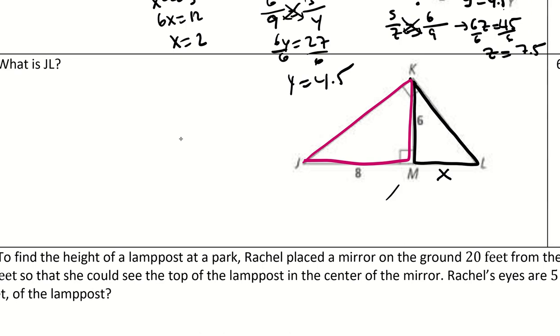hard to tell. All right, so first off, we know that this has to be a right angle because this is a right angle. And this angle here actually corresponds to this angle here. And this angle corresponds to this angle. Okay, and you can kind of tell that from the picture.